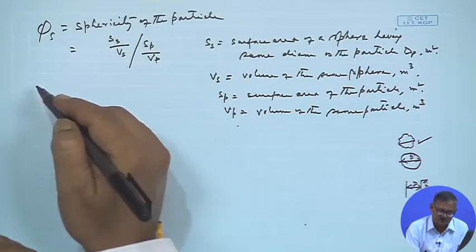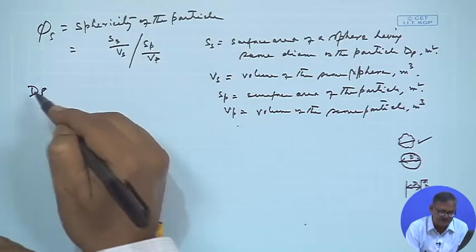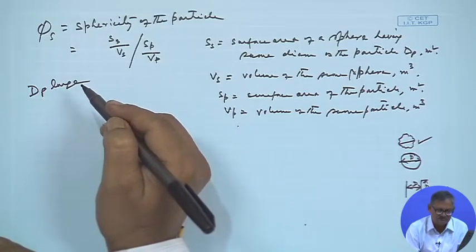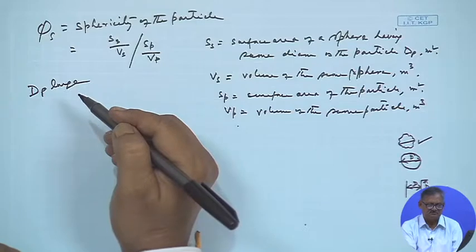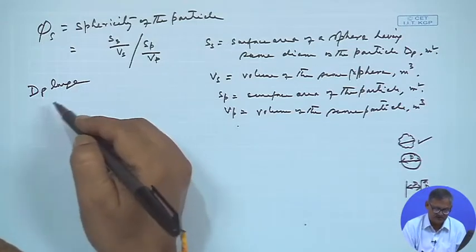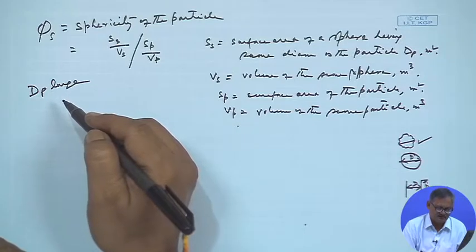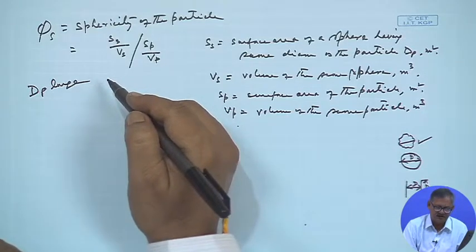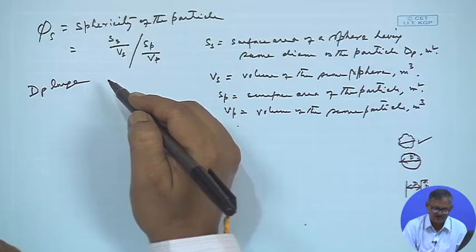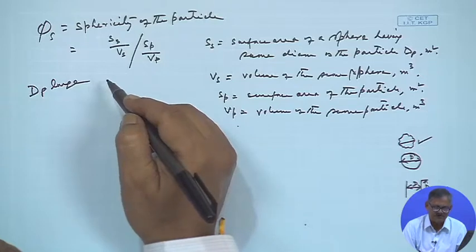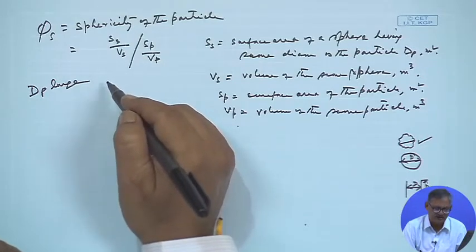If dp is large, then it can be said that the diameter of the particle is the diameter of the sphere having equal volume as that of the particle.